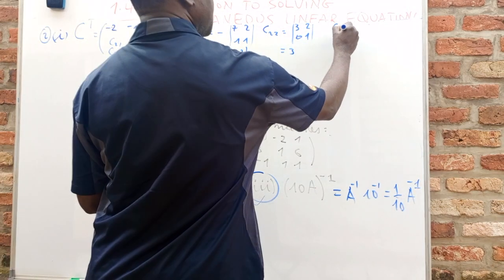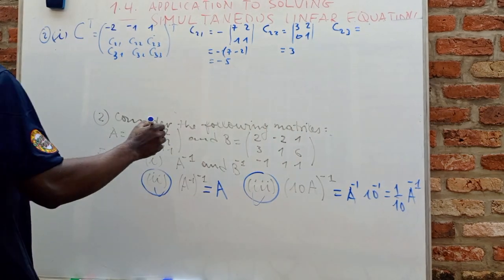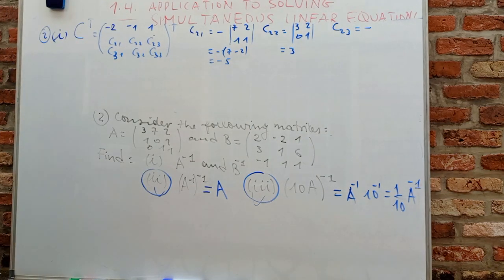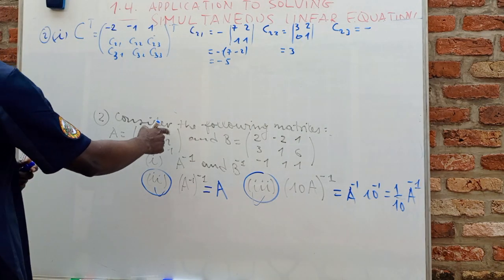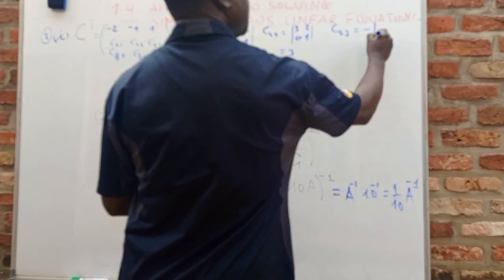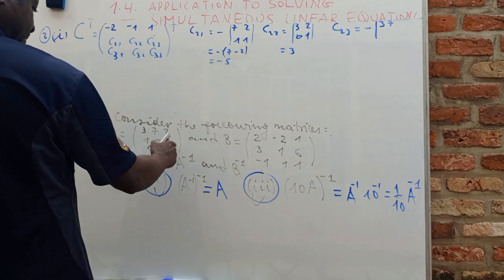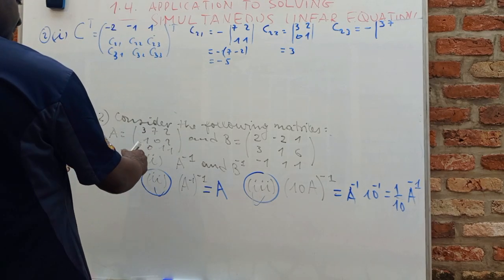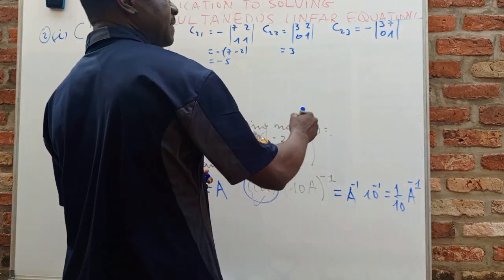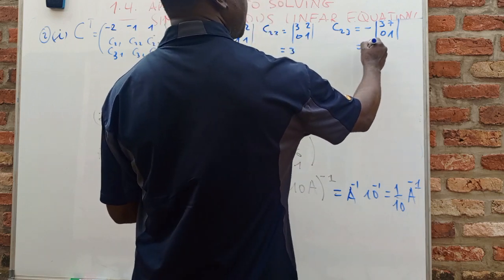So lastly, in this second row, we have a negative power of 1, an odd power, resulting in negative 1. And then I have to remove this column and this row. I'm left with 3, 7, and 0, 1. So the result is going to be equal to negative 3.